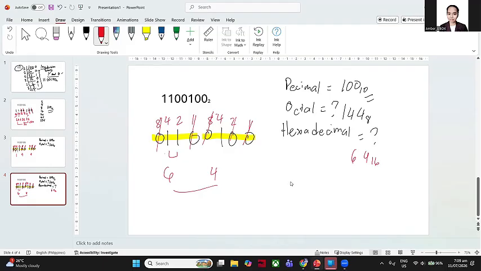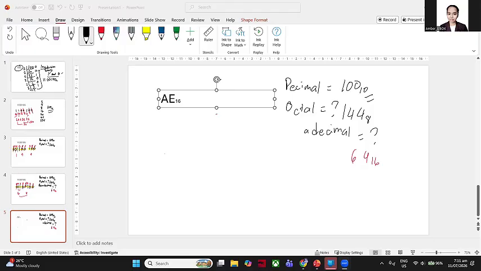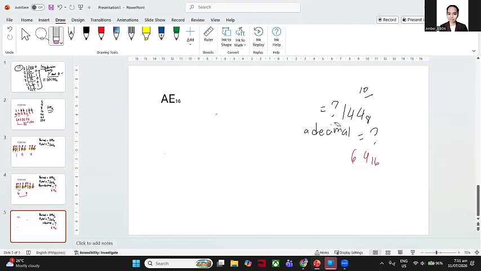Okay, so let's have an example again for the A, B, C, D, E, F. Let's have AE16.